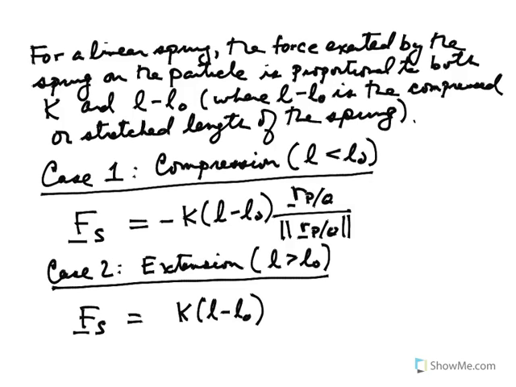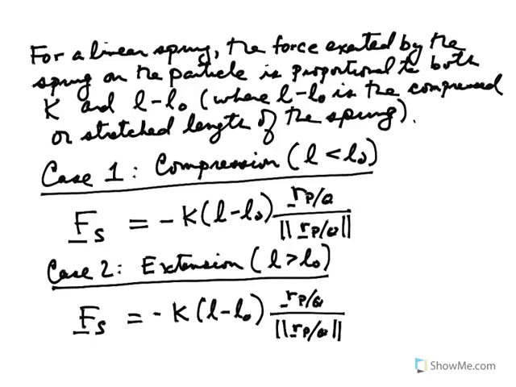If I use the vector from Q to P as my unit direction, then L minus L naught is positive. So in order for this force to lie along the direction from P to Q, a negative sign has to be introduced to get the model to come out correct.